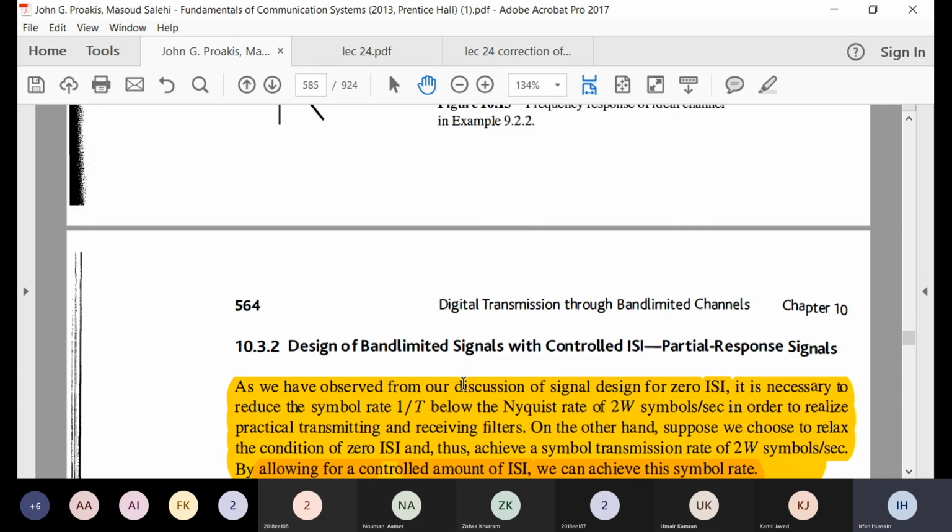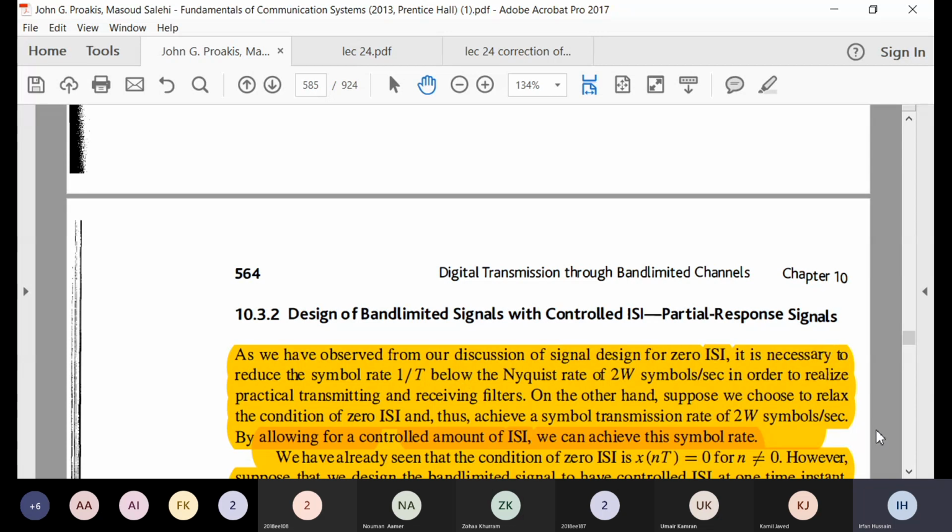The second thing is that we design our signal so that we have a controlled ISI. So we allow a certain amount of ISI rather than having a strict condition.